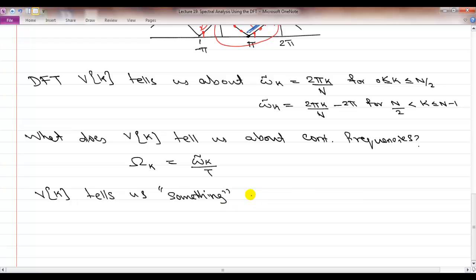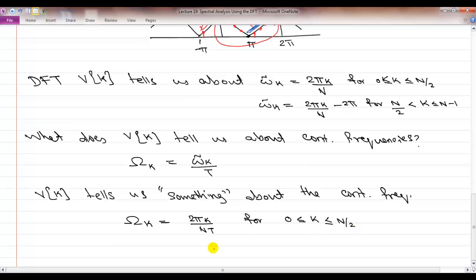But V of k tells us something about the continuous frequency capital omega k equal to 2 pi k over N T for all k's that are between 0 and N by 2.